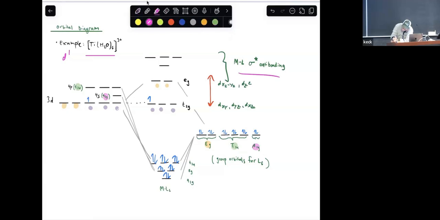We can just zoom in on this. And what we see is a picture that is very similar to our crystal field theory treatment of an octahedral metal that is d1.